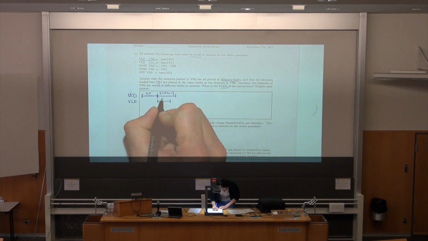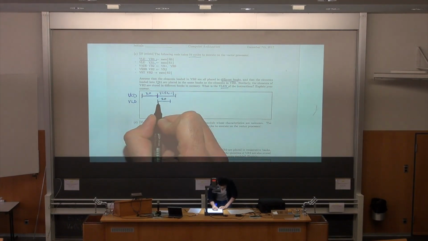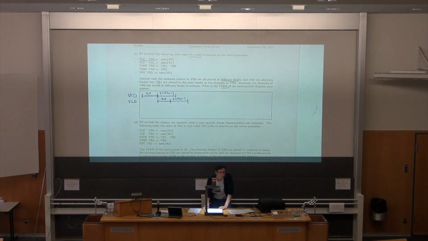Because the bank is free, we can then start the execution of the second vector load. So after VLEN -1, we will have all the elements in VR1 loaded.